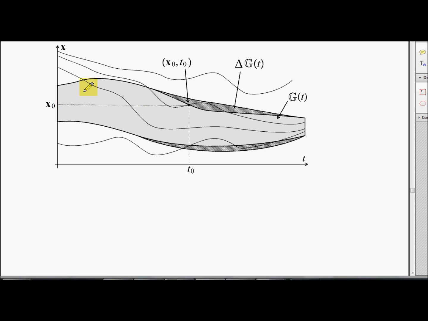I have my initial tube J, which is represented in light gray. I take all points on the trajectory on the frontier of J which satisfy the crossout condition. I integrate them, and I take all boxes. I will add all this part to J, and I will obtain the capture tube.